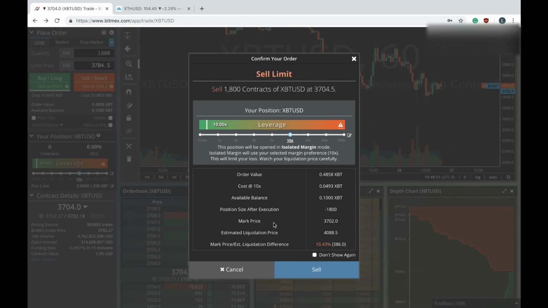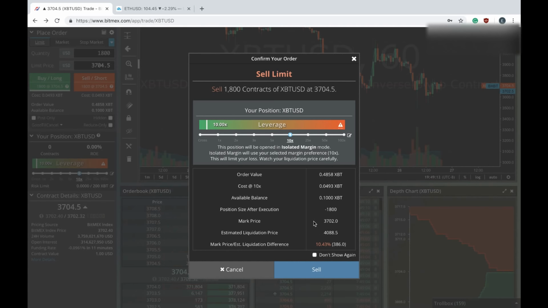For mark price, they take the prices from a couple different exchanges to calculate it. So it's the average. I think it's like 50% Coinbase, 25% Kraken, something like that. Also not the most important thing. And then it'll show your estimated liquidation price.